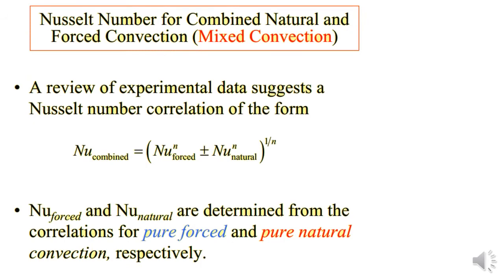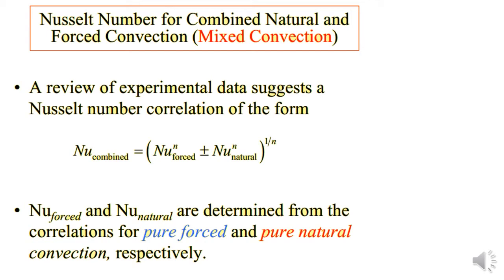Nusselt number for combined natural and forced convection, mixed convection. A review of experimental data suggests a Nusselt number correlation of the form: Nusselt number combined equals Nusselt number of forced convection to the power of n, plus or minus Nusselt number of natural convection to the power of n, all to the power of 1/n. Here the plus and minus sign refers to assisting flow or opposing flow.